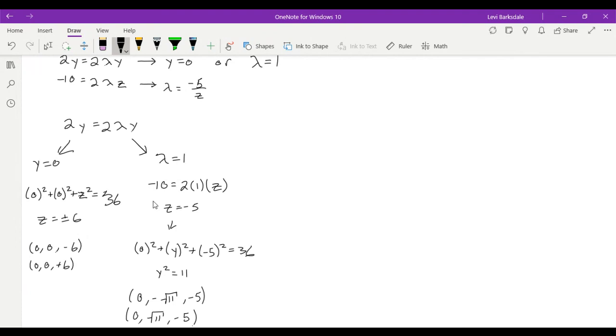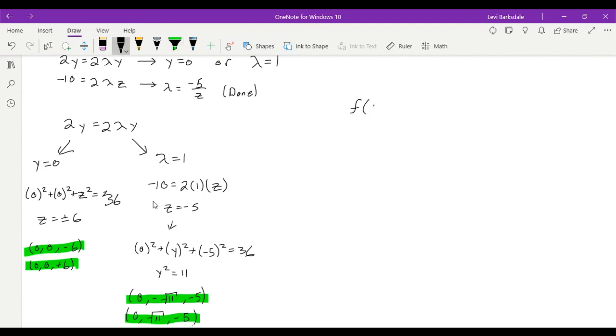That gives us either y equals 0, which we've already solved, or z is equal to negative 5 again, which we've already solved as well. So we're actually done from this point, and we've found only 4 critical points: this one, this one, this one, and this one.